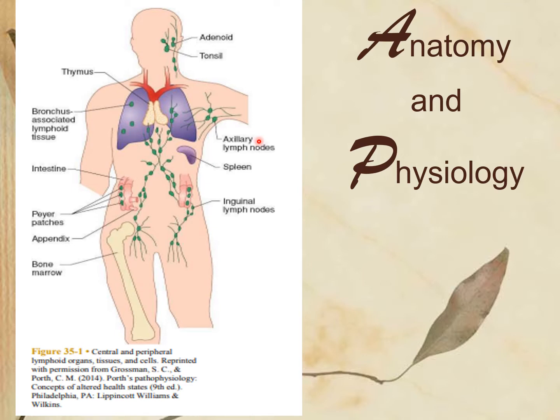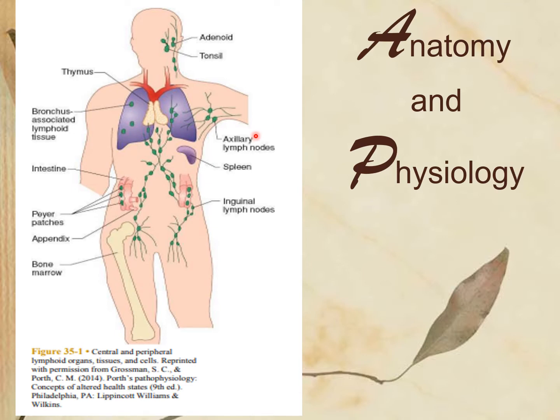The major components of the immune system include the central and the peripheral organs, tissues, and cells, as you can see in this image or figure. So this figure shows the central and the peripheral lymphoid organs, tissues, and cells. So again, the major component of the immune system is the lymphatic system.